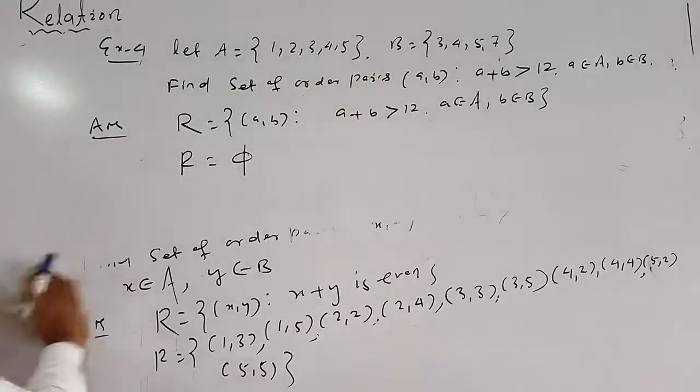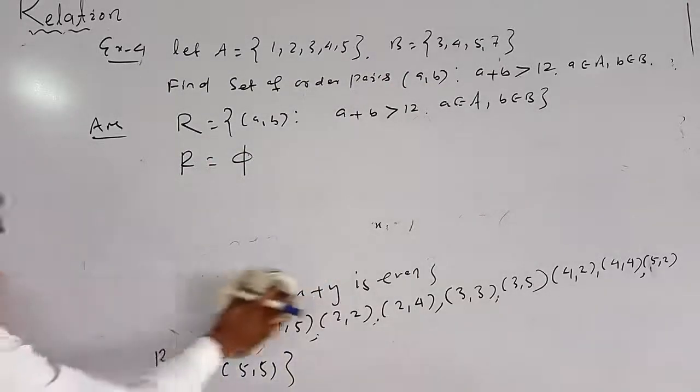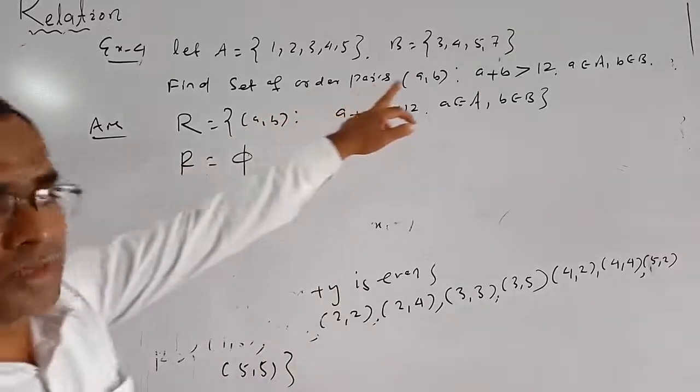Suppose we ask: let A is equal to {1, 2, 3, 4, 5} and B is equal to {3, 4, 5, 7}.